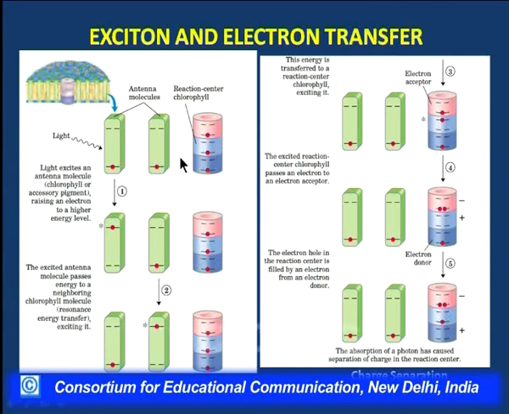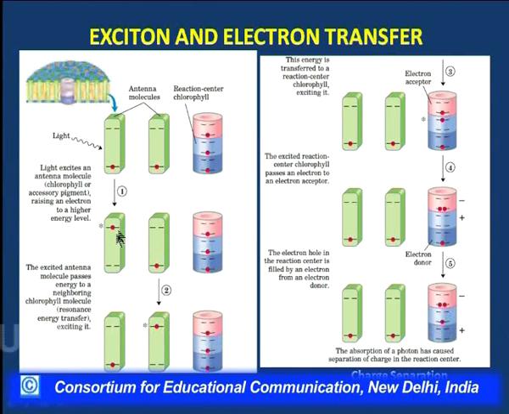Let us look at it in sequence. The antenna molecules, how are they going to transfer the energy? When light excites an antenna molecule, we find that its electrons are raised to a higher energy level as compared to the adjacent one. Once they are raised to a higher energy level, they can pass their energy to the neighboring chlorophyll molecule.